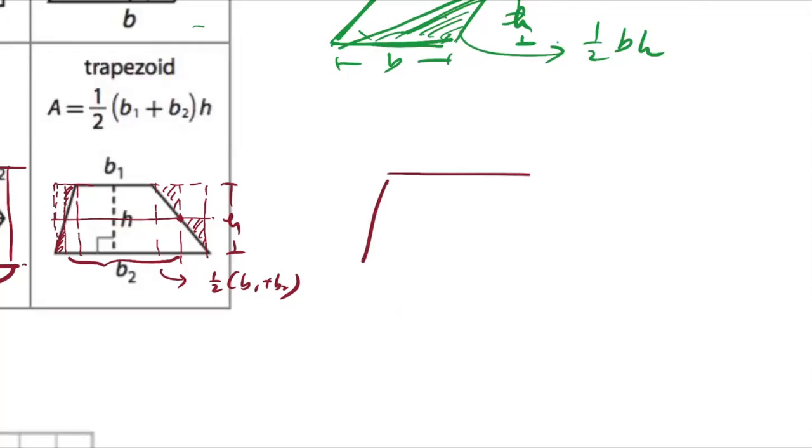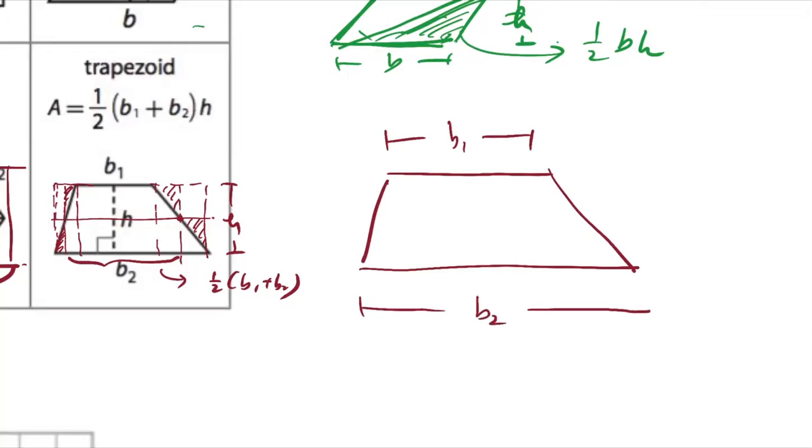So when you have some random shape like this, and that is B1, and that here is B2, and the height is H. What we can do is, through this point, I'm going to draw a line that's parallel to this, like this over here.